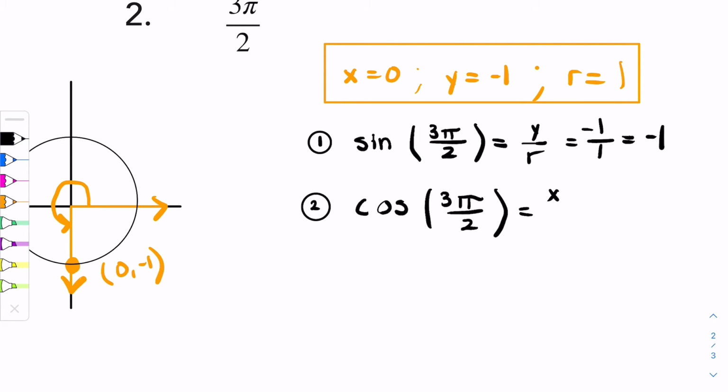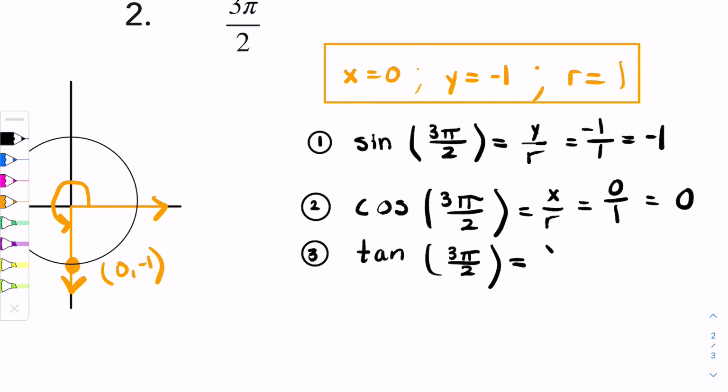This is x over r, or 0 over 1, which is 0. Third is tangent of 3 pi over 2. Tangent is found by y over x, or negative 1 over 0. That cannot happen, so our tangent value is undefined.